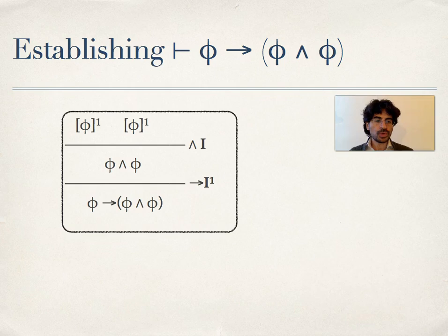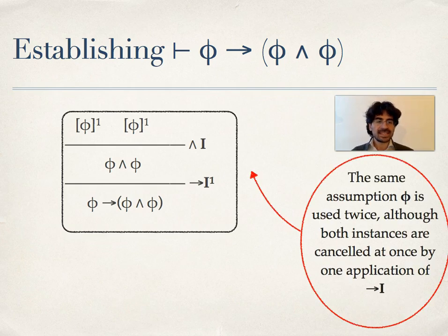Now, one thing to note here is that the same assumption phi has been used twice. You can see that it's repeated two times on top of the derivation tree, but then when we apply the rule for implication introduction, we cancel it all at once.